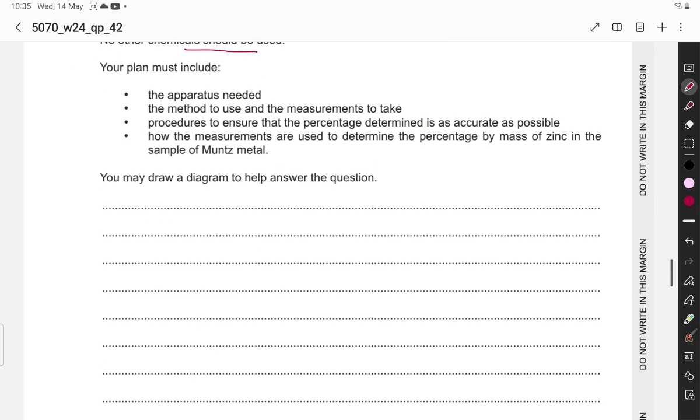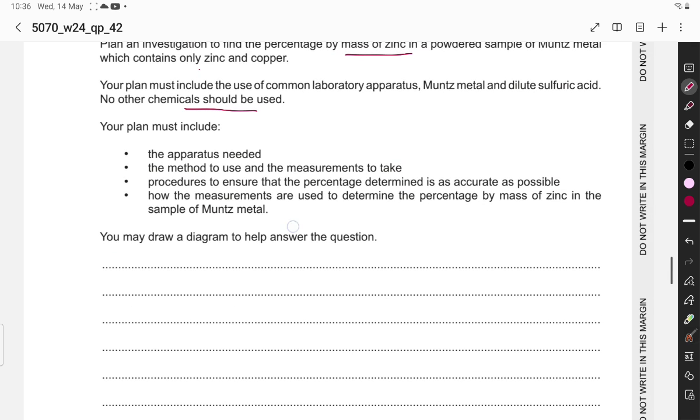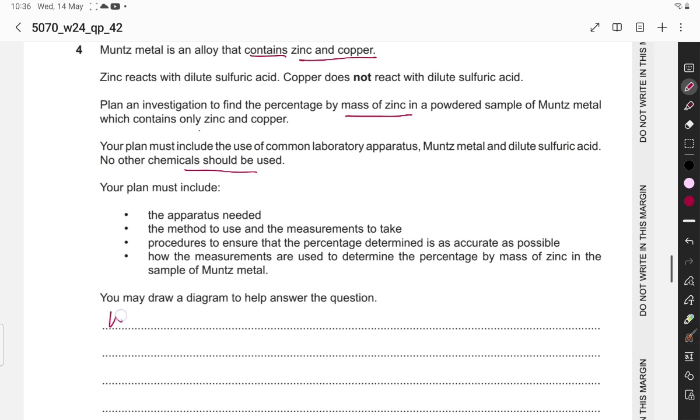The apparatus needed: weigh 2 grams of Monel metal on a balance.